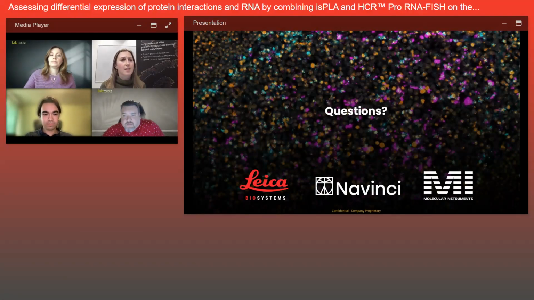Let's say our assays are around 9 hours, plus the molecular instruments maybe more or less the same. So it's definitely an overnight run. It's not something you would start in the morning. You definitely put it in overnight and then take the samples out the next day. But it also depends if you are doing some optimizations that can make the time vary. And if you're trying to do 2-plex RNA-FISH, of course, you're just going to add more time.